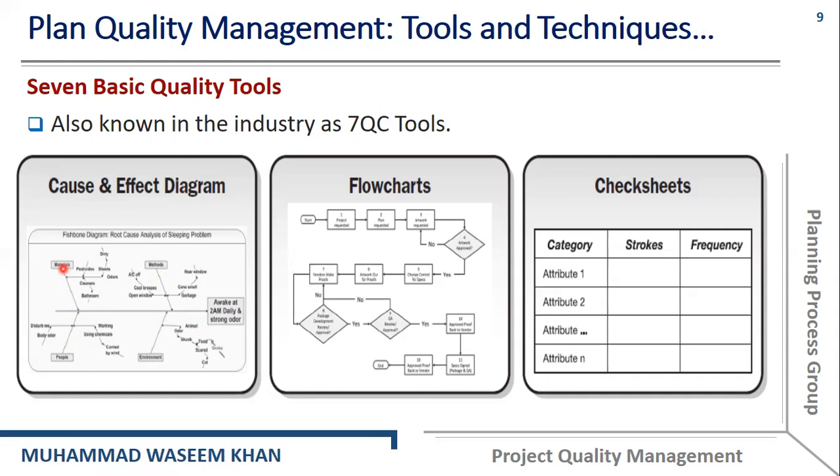For example, here in this particular figure, you can see that one of the basic causes is the method, another one is the environment, another one is the people, and the fourth one is materials.